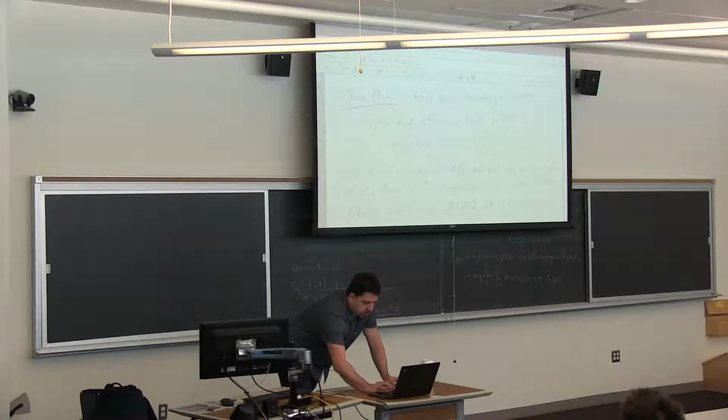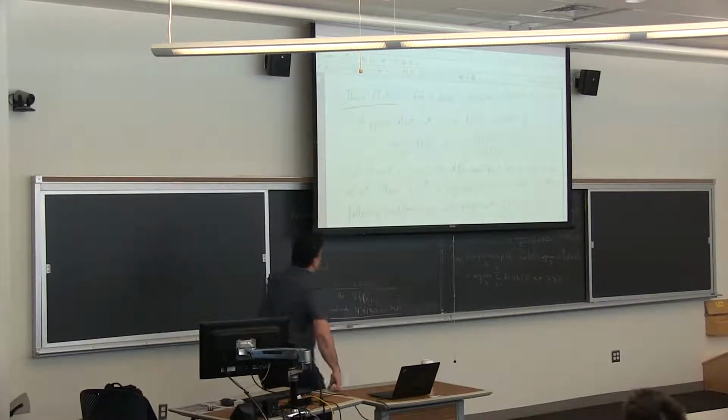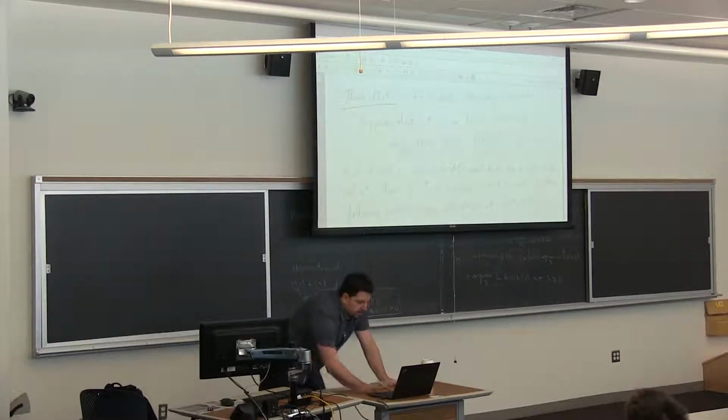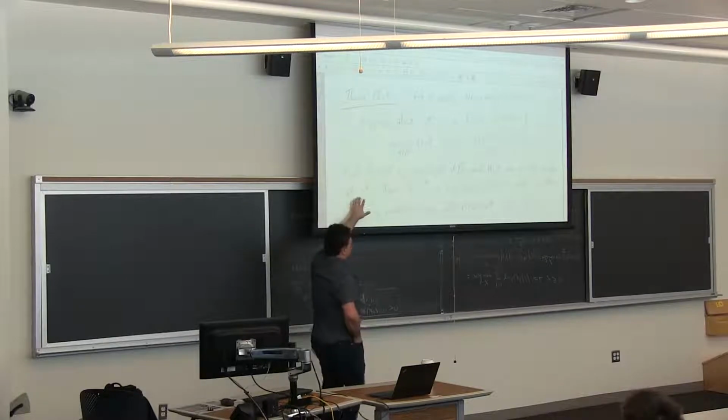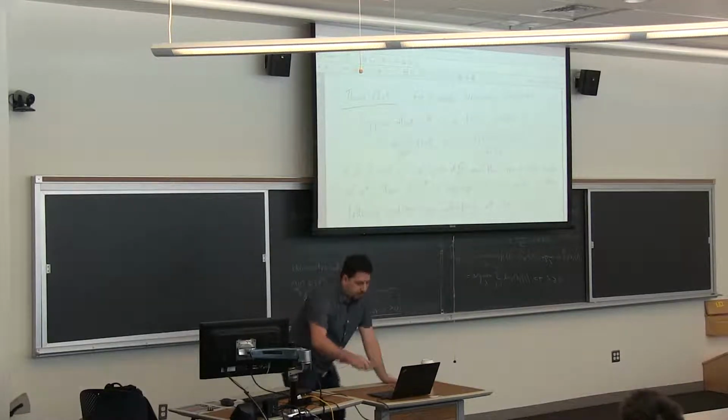Suppose x star is a local solution of this constrained problem, which means it's a local minimizer satisfying all the constraints and achieving the smallest value of f in the neighborhood. Then there exists some vector lambda star, which we call the Lagrange multiplier vector for solution x star.